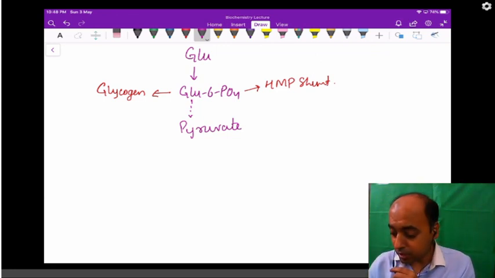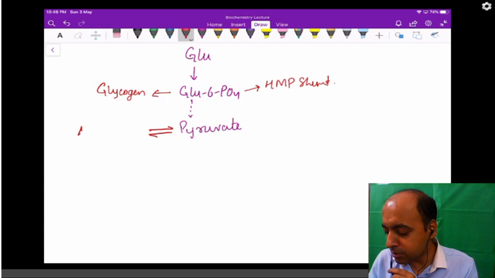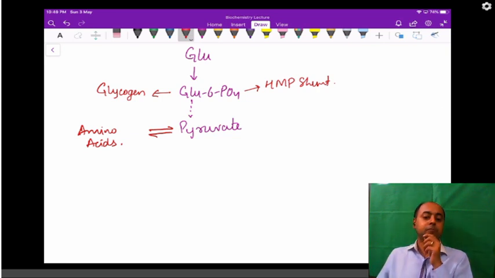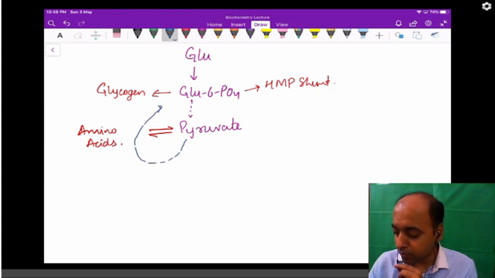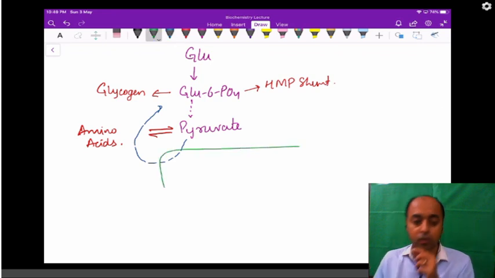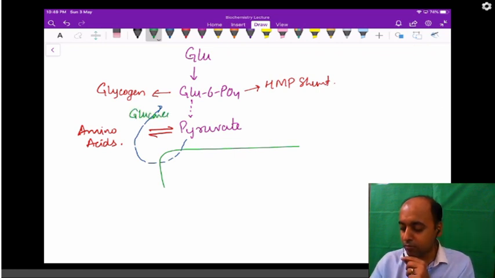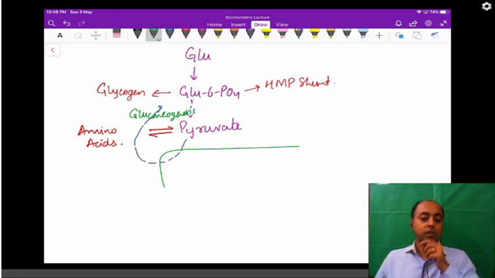Now, this pyruvate interchangeably links with 5 different amino acids. In addition, via the mitochondria, it goes back towards gluconeogenesis.